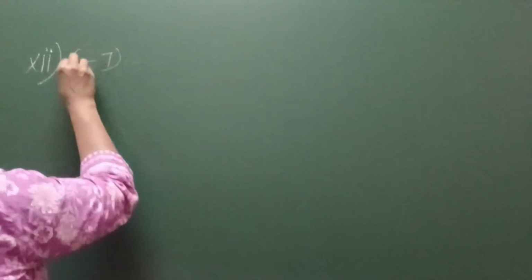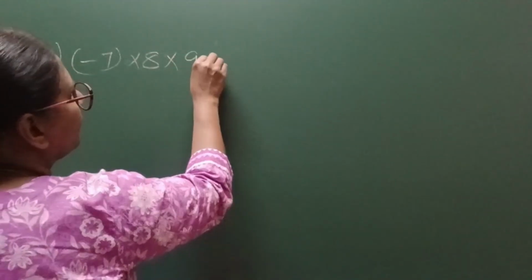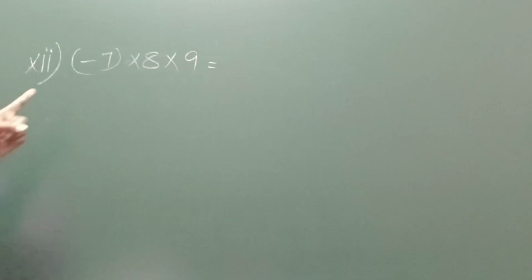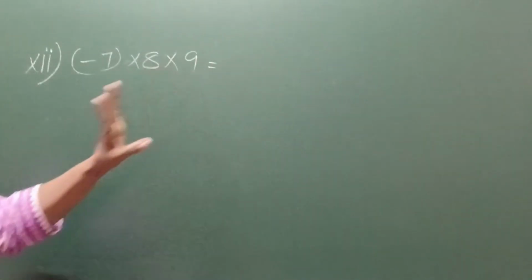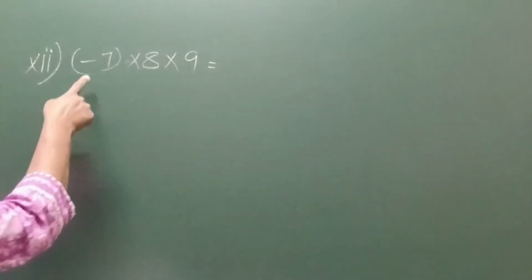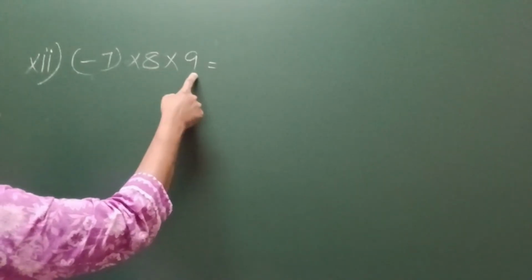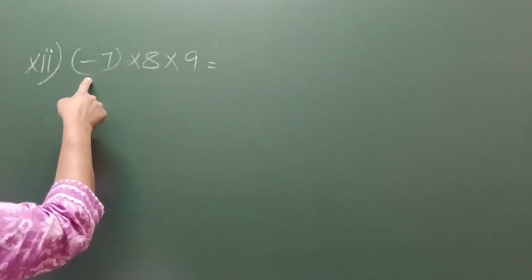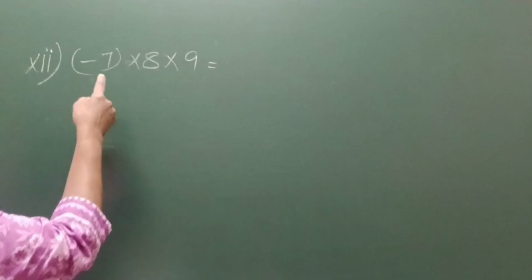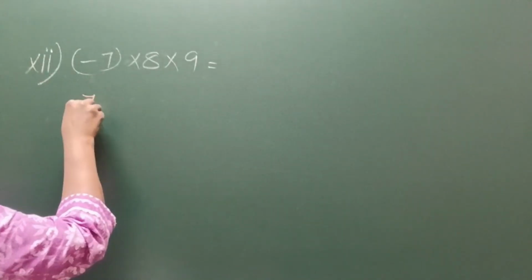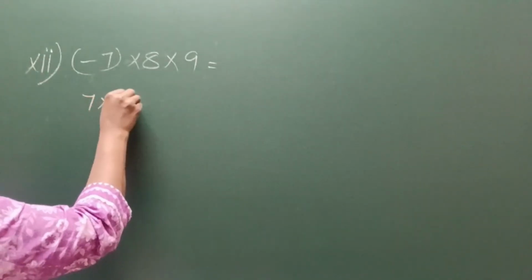Next. Minus 7 into 8 into 9. Here one is negative and the other two are positive. Negative integer, and these two are positive integers. Here we have to find the absolute value of minus 7. Minus 7's absolute value is 7 into 8.